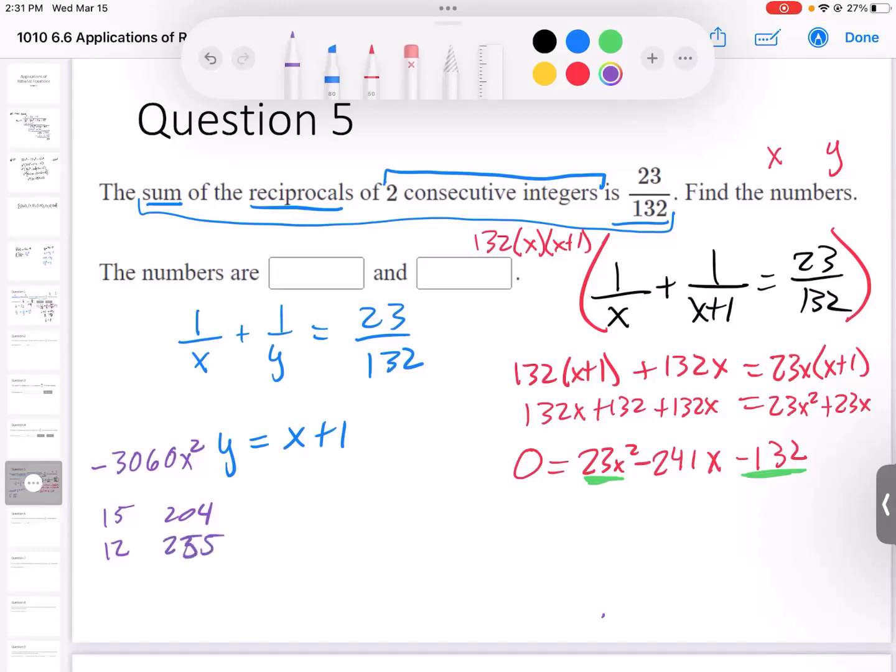And if we make the 255 negative, then that should work because 12 minus 255 will give you this. No, it doesn't though. Shouldn't it have a 3 in it though? Because 255 minus... It's not 3060, it's 3036.